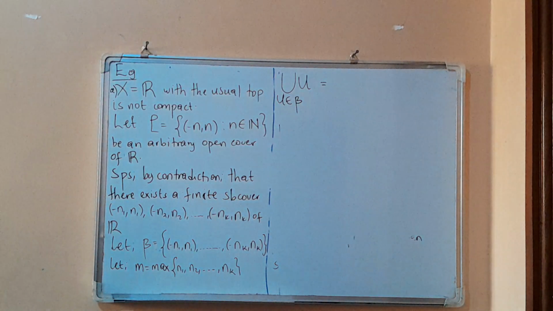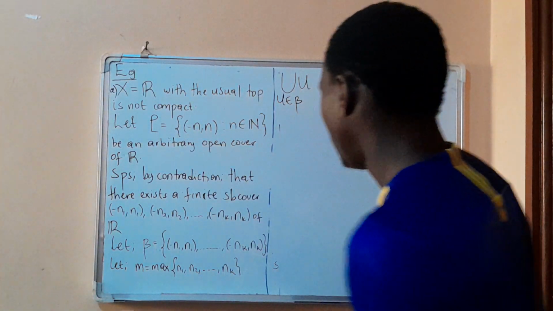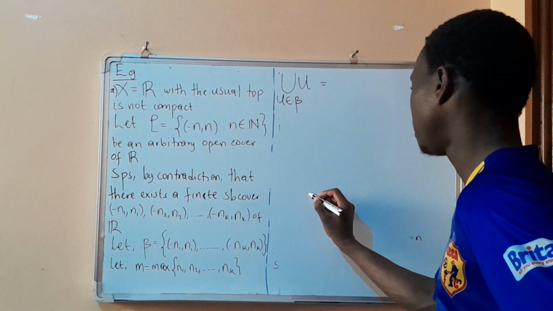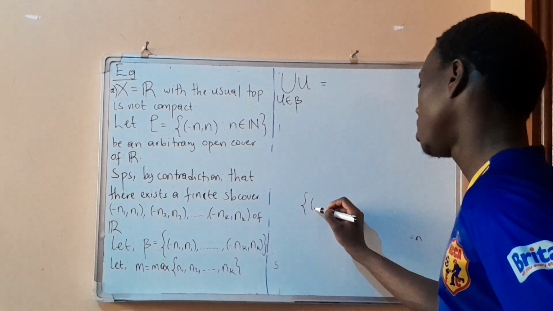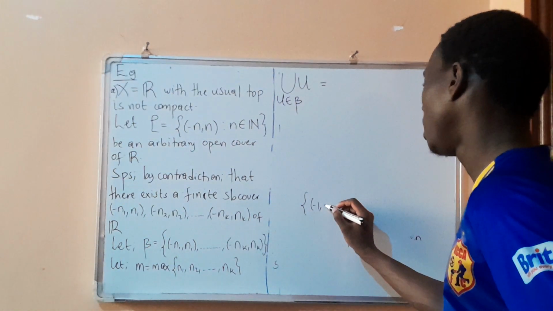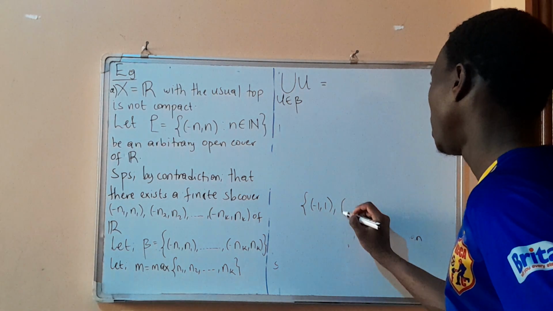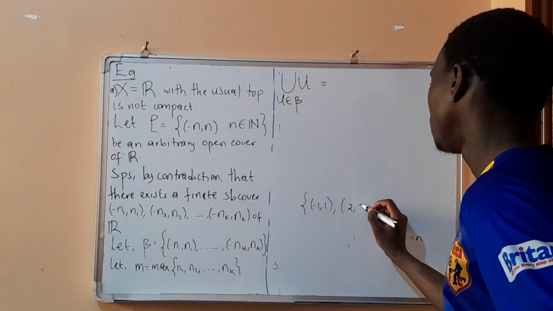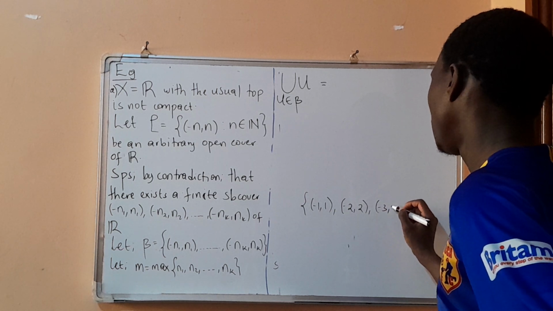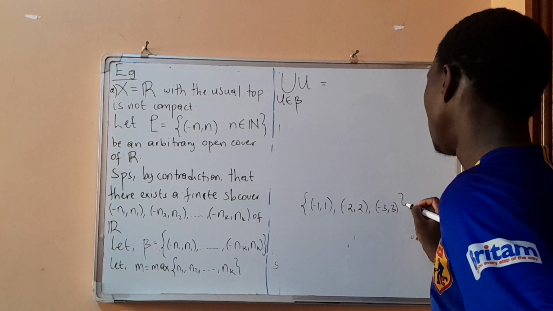The union of those sets is actually, because these are finite sets, we can take a simple example of negative 1, 1, negative 2, 2, negative 3, 3.